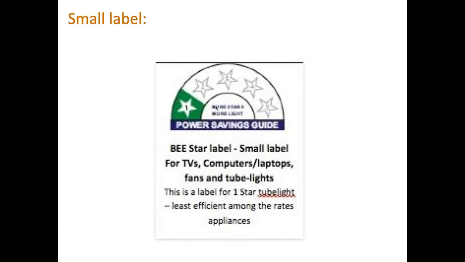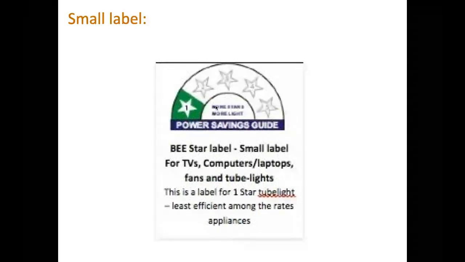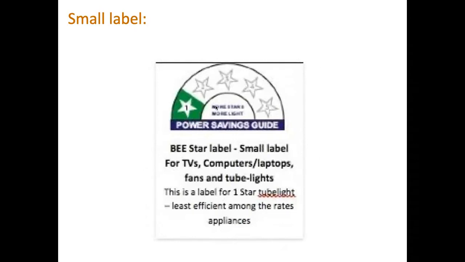These labels just give you a visual representation of the energy consumption level by showing the star rating. Products with a small label are ceiling fans, tube lights, computers, laptops and televisions, which also come under the small labels.